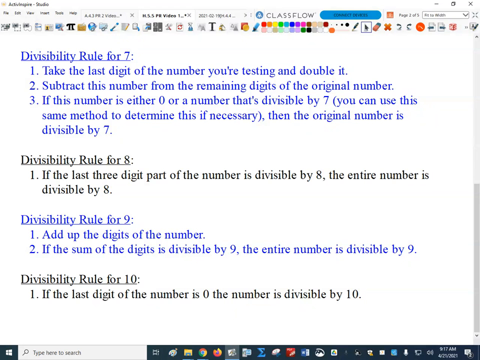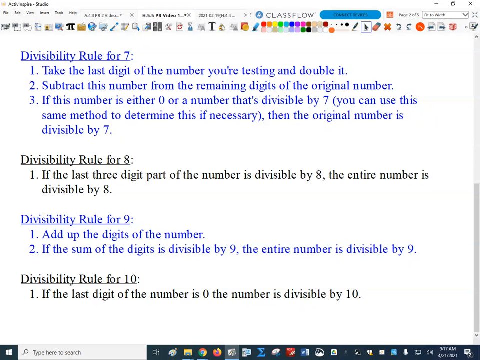So, for example, if you're dealing with some astronomical distances and you've got enormous numbers that have 28, 29 digits or something crazy like that, and you want to add those up and determine if the sum of the digits is divisible by 9, well, what if the sum of the digits is itself a pretty big number? You could do it again, right?